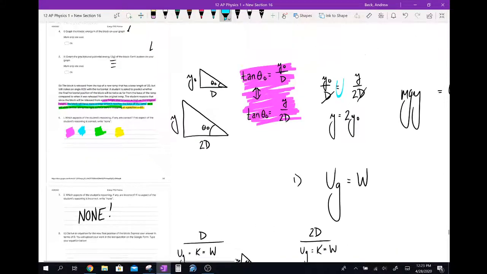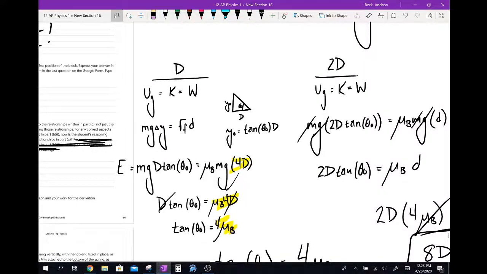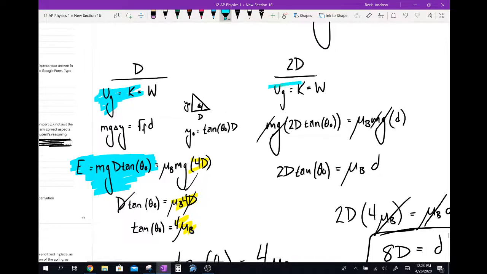The next statement is the block will have more energy when it reaches the base of the ramp. So we said that this potential energy is equal to the total energy in our system. So here we have this energy is equal to our initial energy, this mgd tangent of theta naught. And here we have this doubled piece.